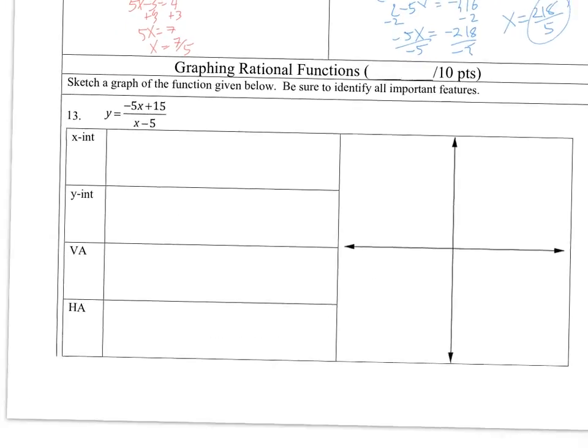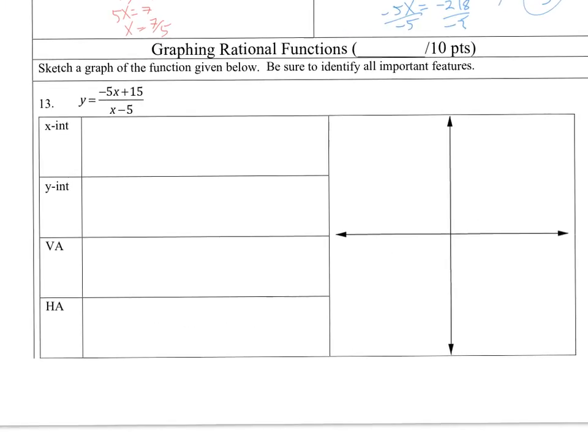And lastly, we've got graphing a rational function. We've got to identify some important features of this graph. And I might start off by finding an x-intercept. X-intercept happens when my numerator is equal to 0, so -5x plus 15 is equal to 0.